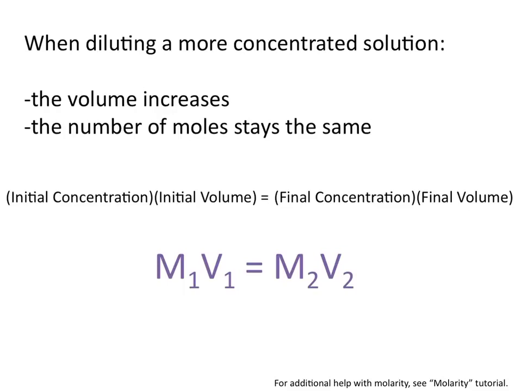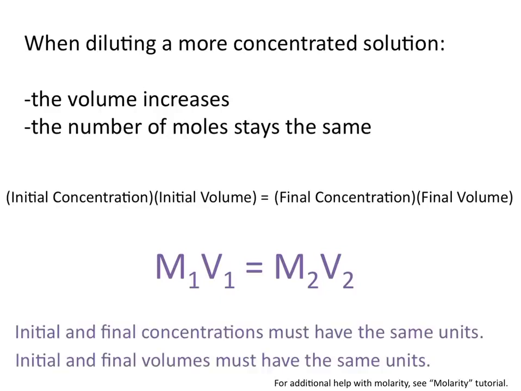If you look at the first equation, initial concentration times initial volume, what's really important is that your initial and final concentrations, or M1 and M2, must have the same units.